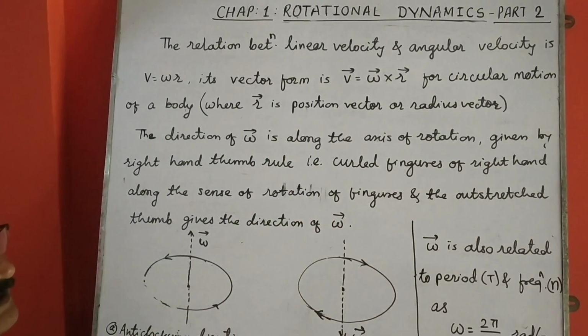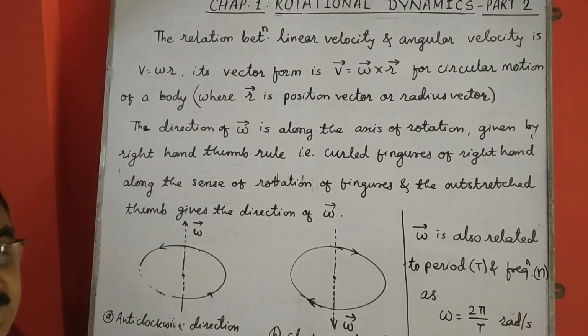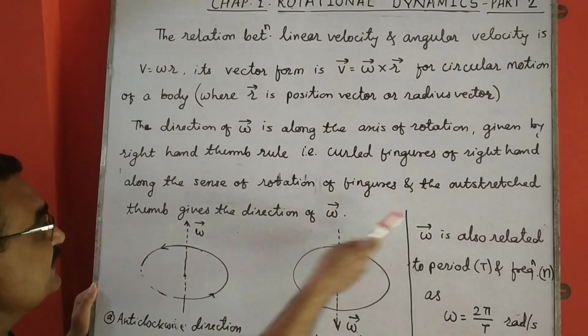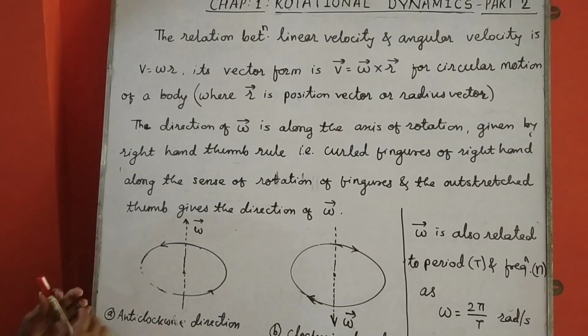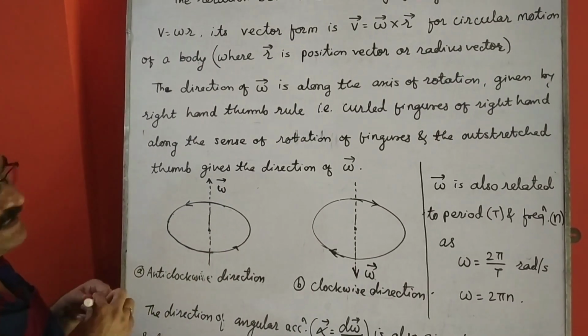That is, the curled fingers of the right hand are along the sense of rotation of the motion, and the outstretched thumb gives the direction of vector ω. We can see this practically.